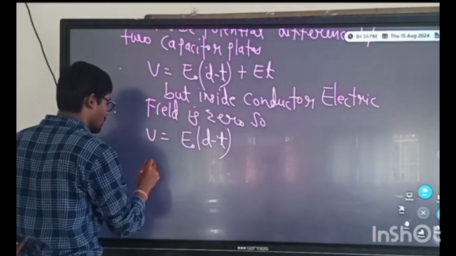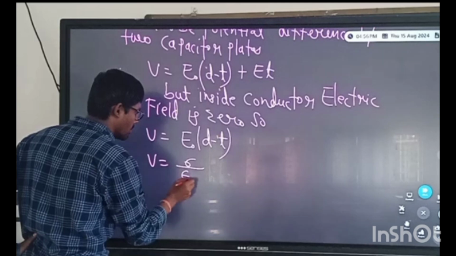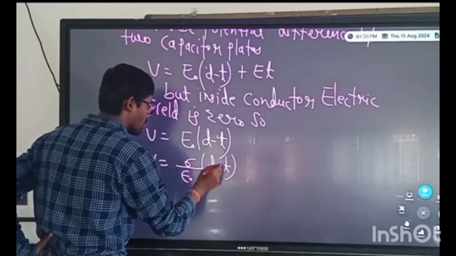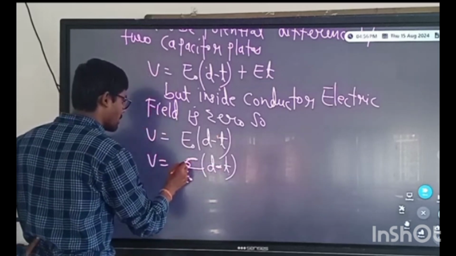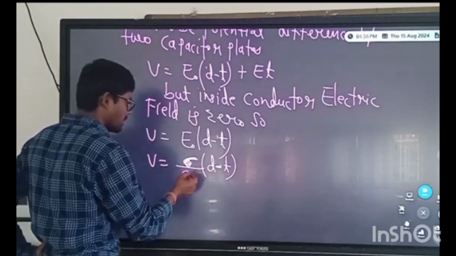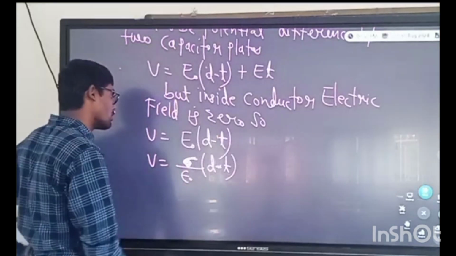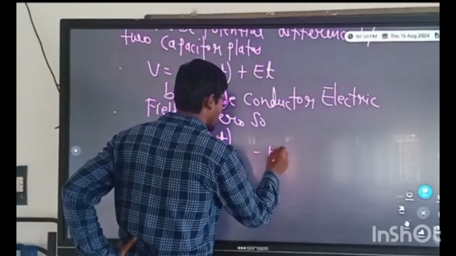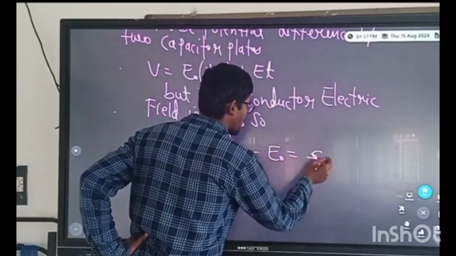It will be sigma by epsilon naught. So V is sigma by epsilon naught into (d minus t), because we know that E is sigma upon epsilon naught.